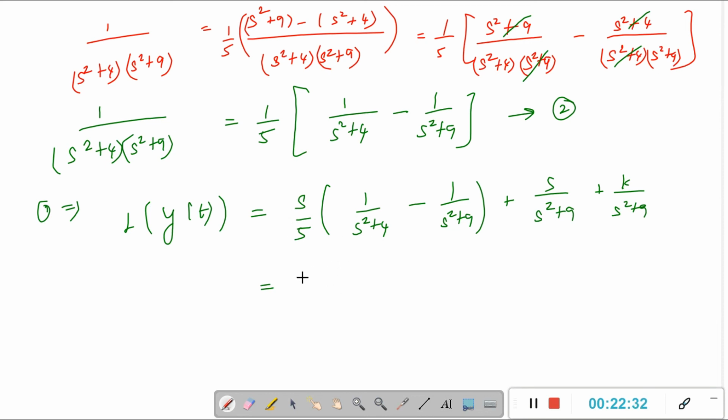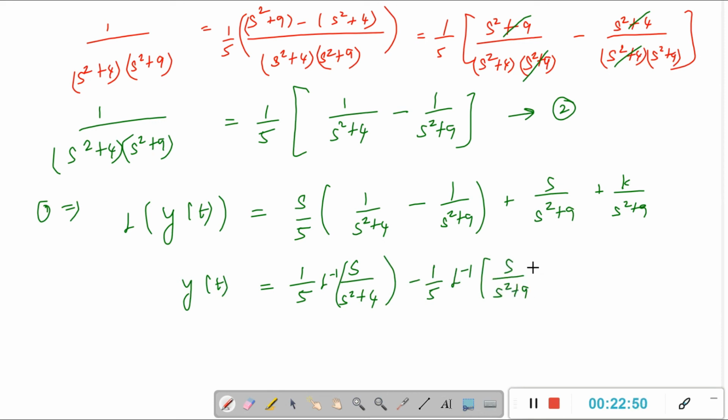You may get 1 by 5 s by s square plus 4. If you take L inverse, you may get y of t equal to minus 1 by 5 L inverse of s by s square plus 9 plus L inverse of s by s square plus 9 plus k into L inverse of 1 by s square plus 9.